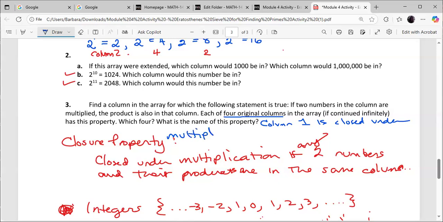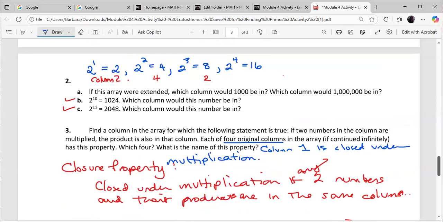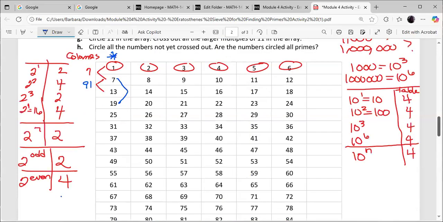So the question is, which other columns are also closed under multiplication? You're just going to do the same thing that I did: multiply the numbers, starting off small. You could do 2 times 14, 3 times 9, 3 times 15. Just start off small and see.